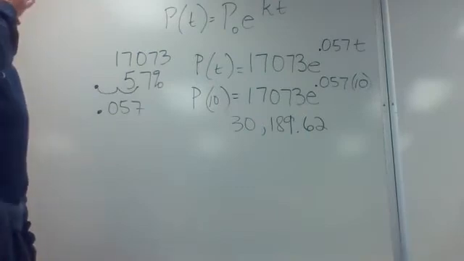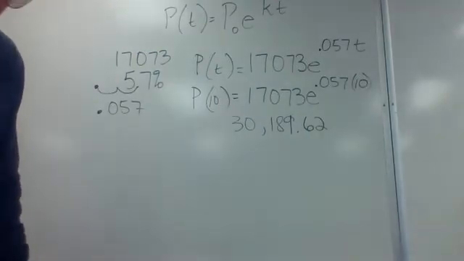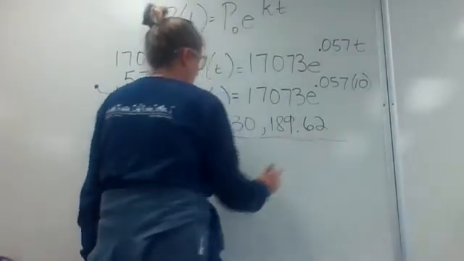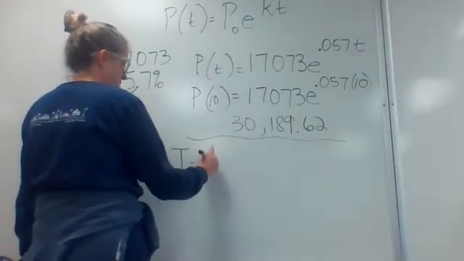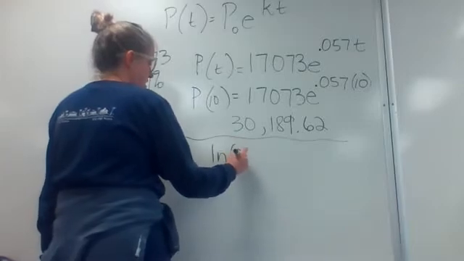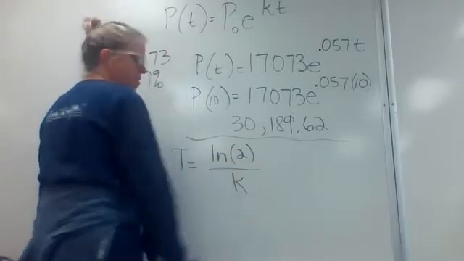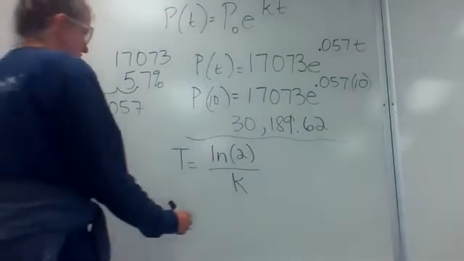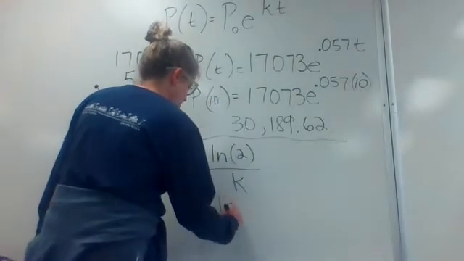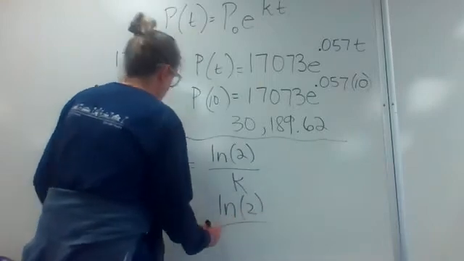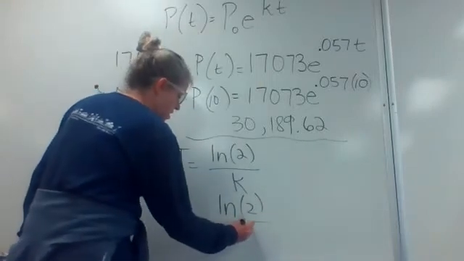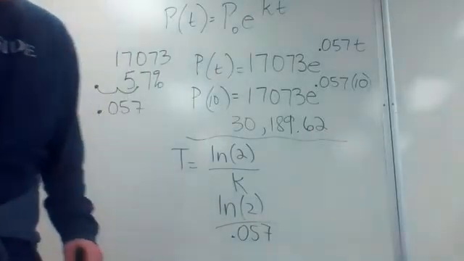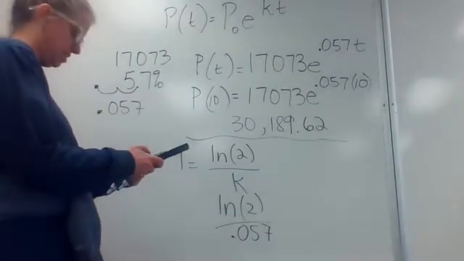All right, the last part of this question says the doubling time is how many years? The doubling time formula is always the same. It's ln of 2 over the interest rate. So this one will be ln of 2 over 0.057, and we are rounding this to 1 decimal place.